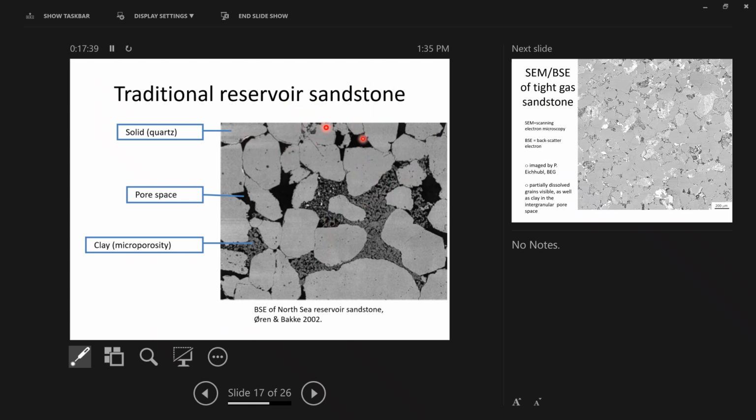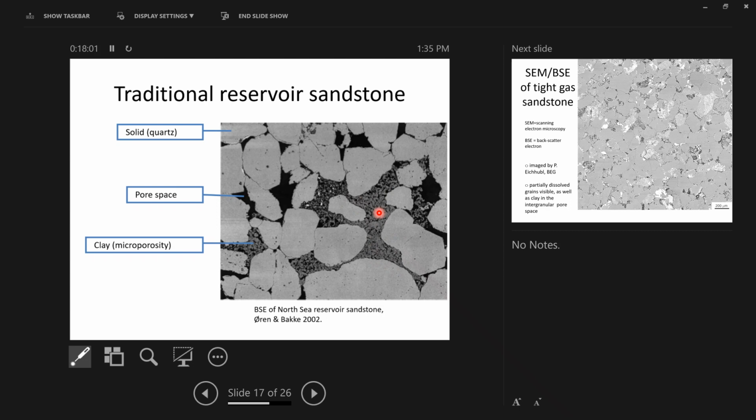So traditionally, if you have a reservoir sandstone, CT images give pretty good information. You typically have quartz, you have pore space, and if you have microporosity, often introduced by clay, it's often not overwhelming. It's not a lot of the image.